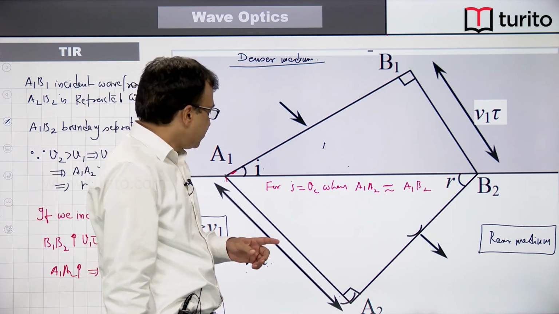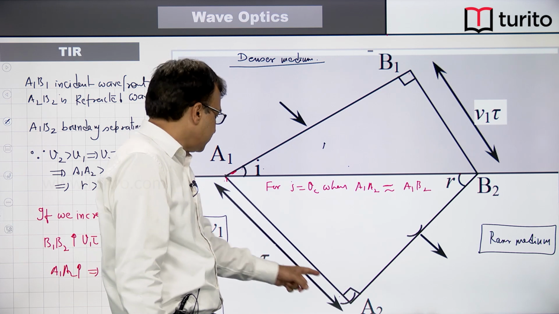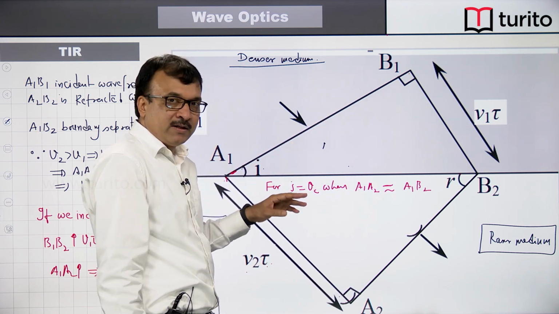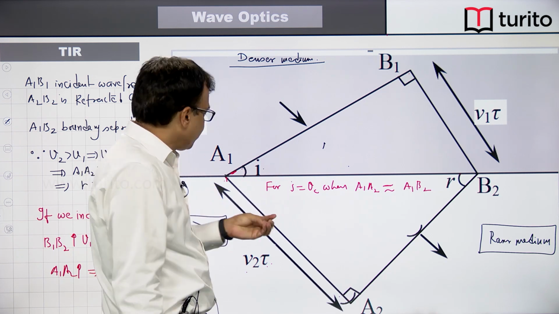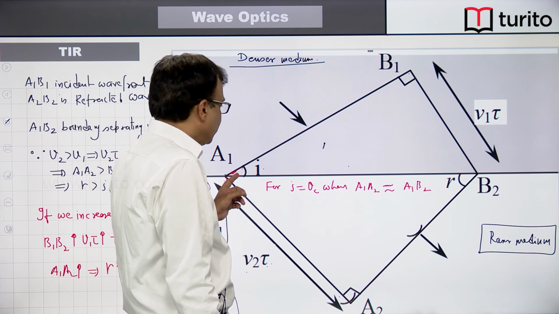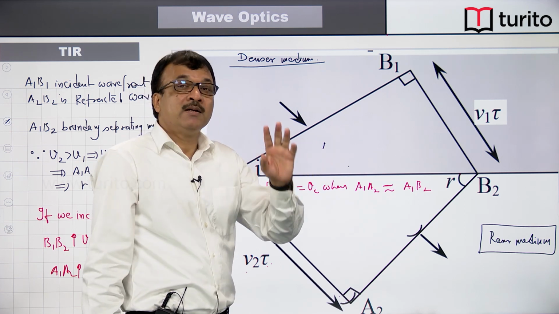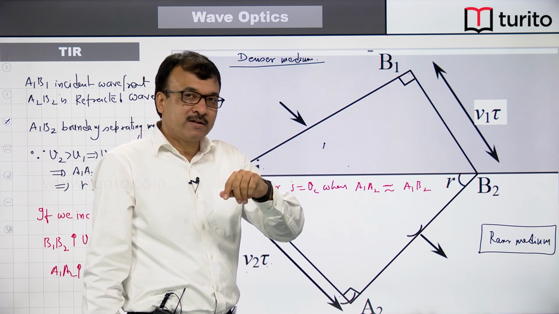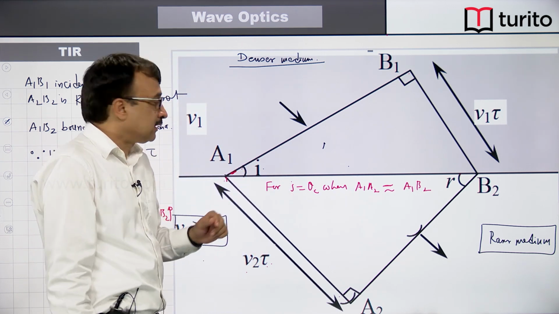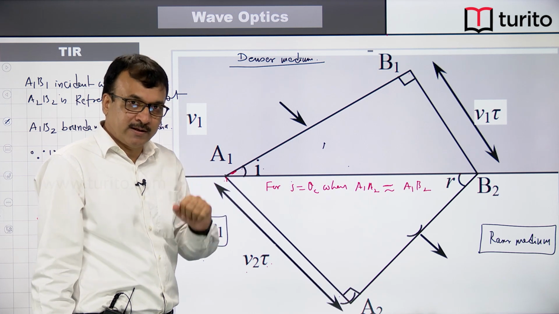Angle of refraction becoming 90 degrees means that after increasing the angle of incidence, a state is reached when A1 A2 keeps on increasing and becomes equal to A1 B2. This is the limiting condition when one side of the triangle becomes equal to the hypotenuse. This angle of incidence is called the critical angle.